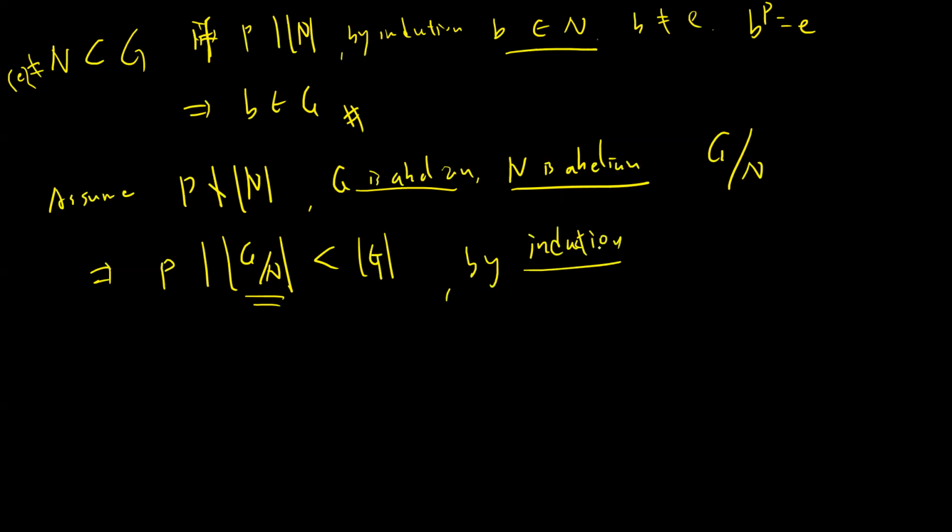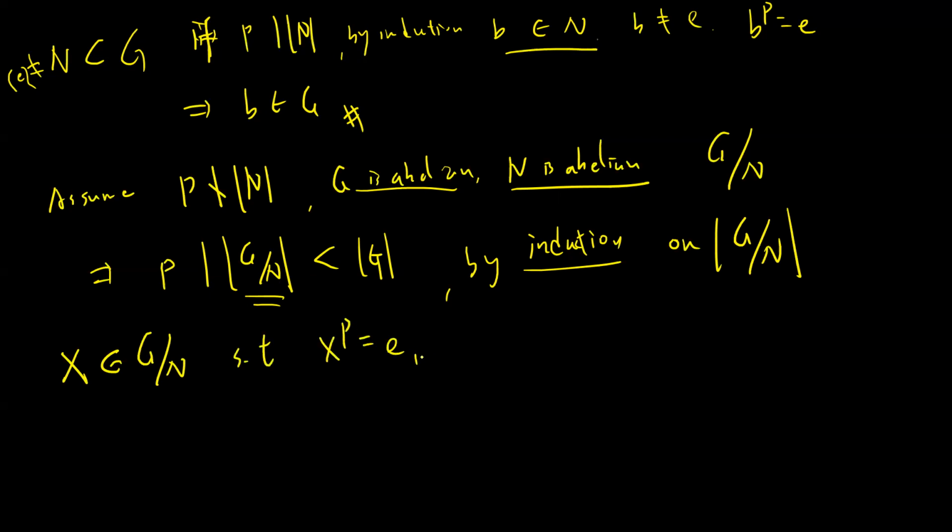So by induction, we know that we will have an element, let's call this element X. We will have an element X in G quotient N such that X to the P is E1, where E1 is the identity in G quotient N, and X is not the same as E1.